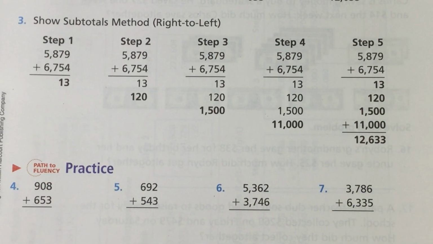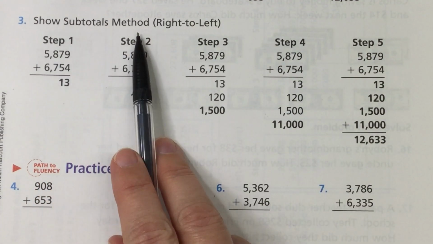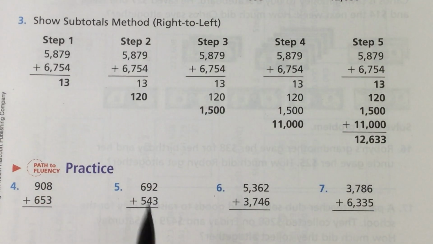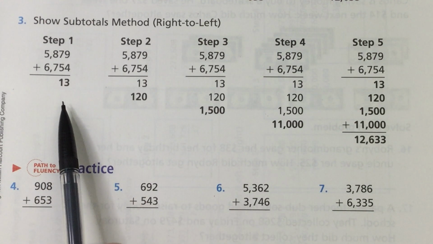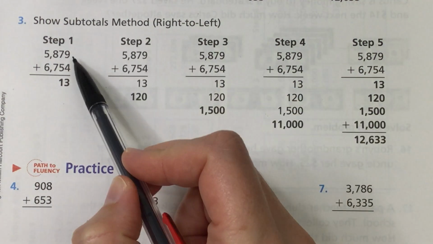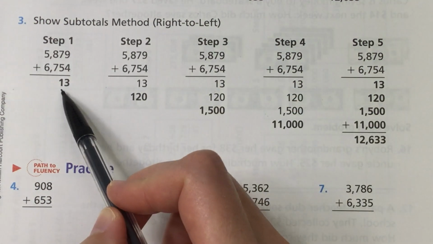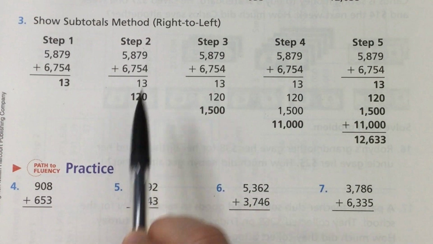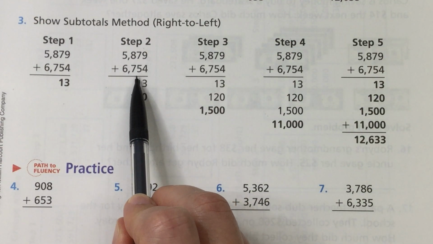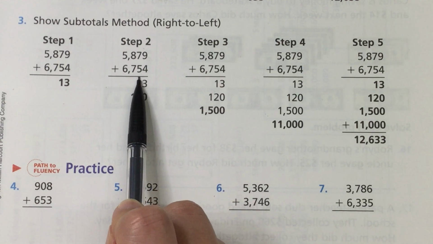Okay, section 3, show subtotals method right to left. So this is kind of cool. What it does is it looks at each of the places and you write the total, the subtotal of that place. So for example, in the ones place, 9 plus 4 was 13. So they just wrote a 13 down there. Then they moved to the tens place. They can't just do 7 plus 5 though. Here's where it's a little tricky because the 7 and the 5 are in the tens place.